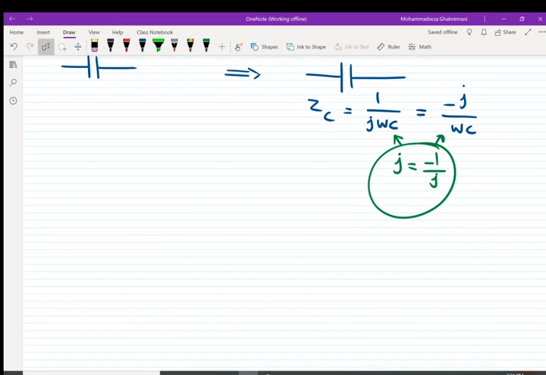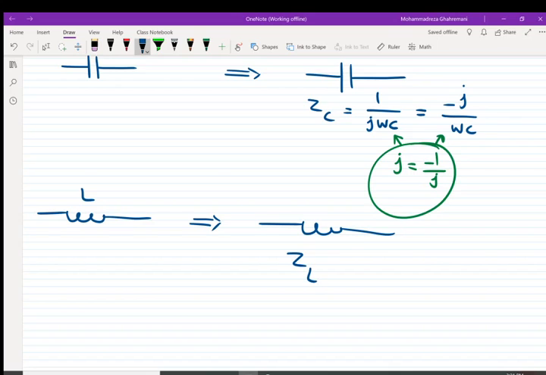Inductor. For an inductor, with the inductance of L, Z_L is equal to j omega L. So now we can easily find the impedance of resistor, capacitor, and inductor.